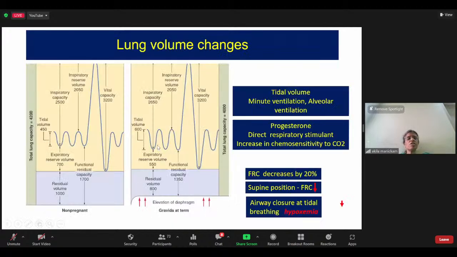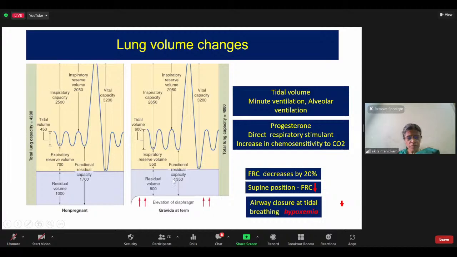The only change that occurs is with regard to your functional residual capacity, your residual volume, your expiratory reserve volume, and your tidal volume. When you look at the overall total lung capacity, it remains the same. It is only the distribution of these volumes which gets altered, ultimately resulting in an increased incidence of hypoxemia.